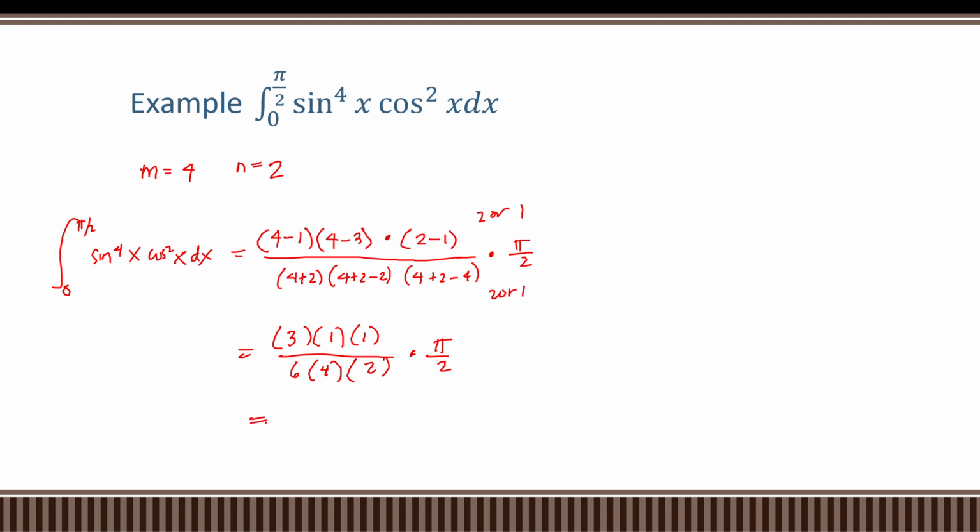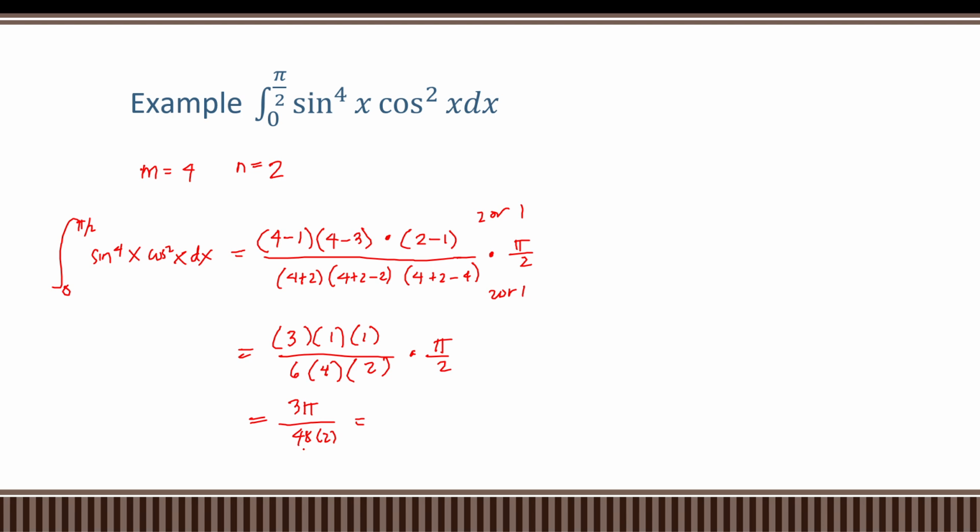So we have 3 over 6 times 4 times 2, that's 48, times pi over 2, so 3 pi over 96.